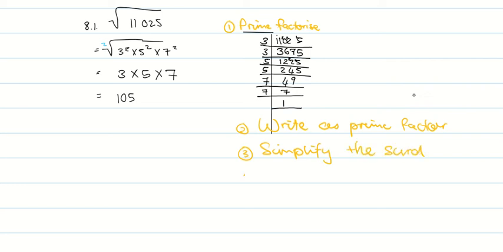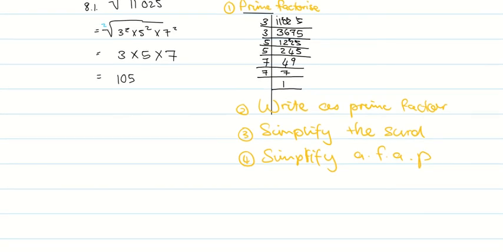And then my last is always to simplify as far as possible. Okay, so that's simplification as far as possible. Let's look at number 8.2. Give me the number quickly.